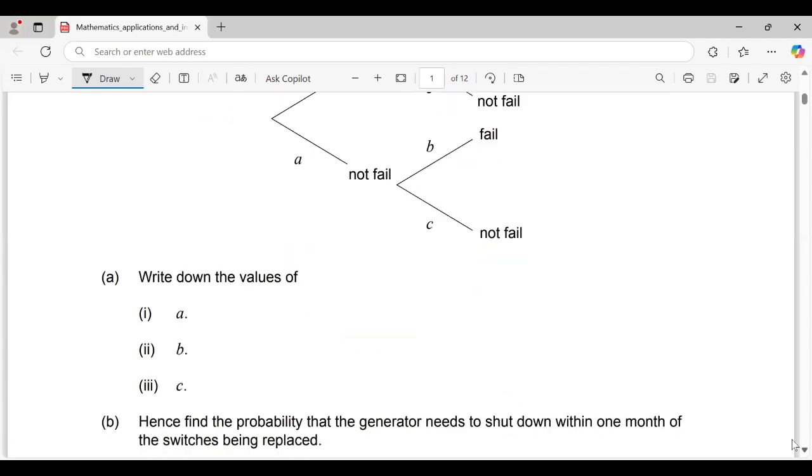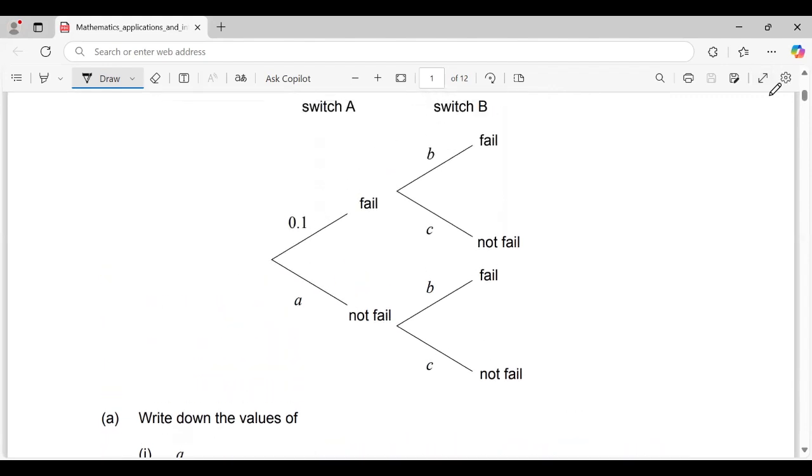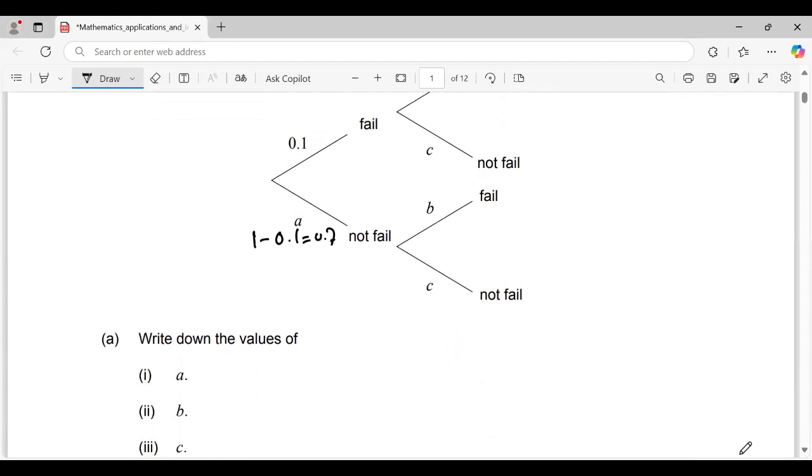Write down the values of A, B, C. Okay. If this is 0.1, it means A is 1 minus 0.1, and this is 0.9. So A is 0.9.